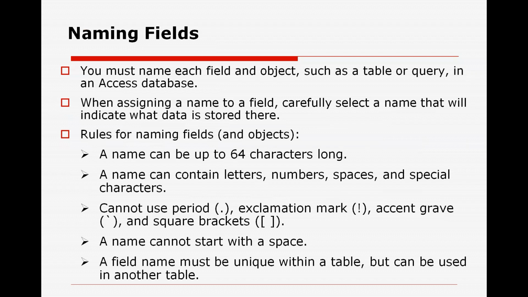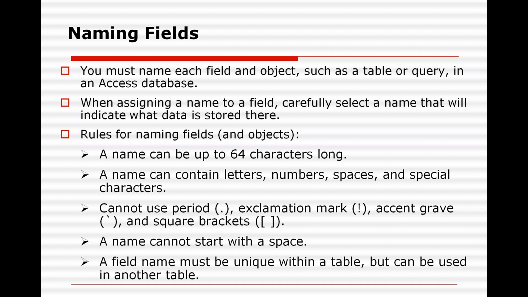Naming fields. There are some rules for naming your objects, right? You must name each field and object such as a table or query in an Access database. When assigning a name to a field, this is about a field in a table, carefully select a name that will indicate what data is stored there.